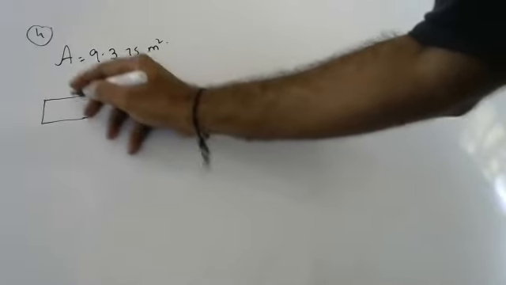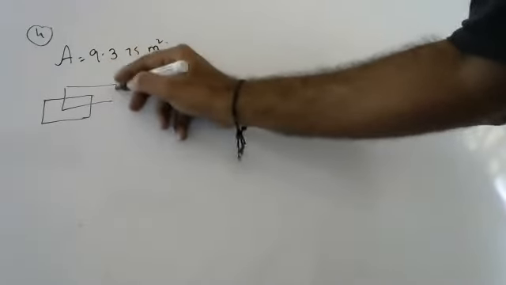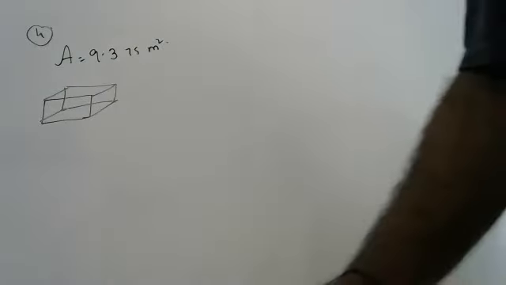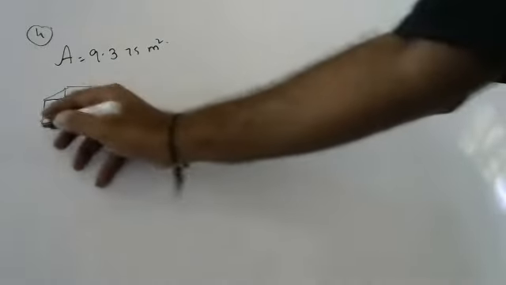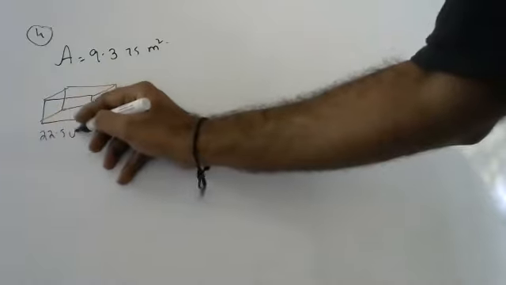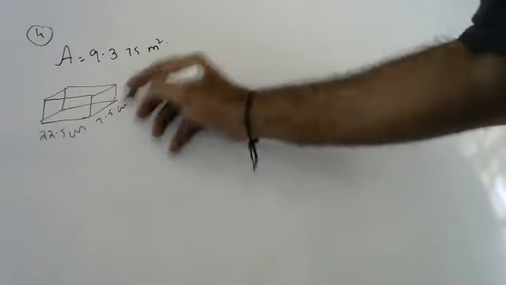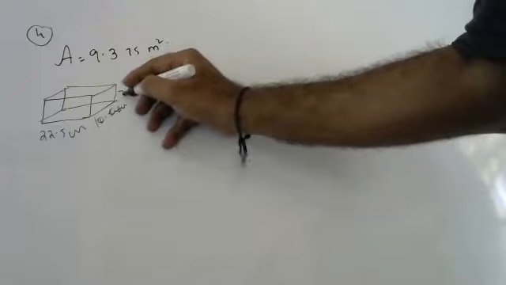A brick is a cuboid, children. The brick dimensions are 22.5 centimeter, 10 centimeter, and 7.5 centimeter. He's asking how many bricks can be painted with this paint.